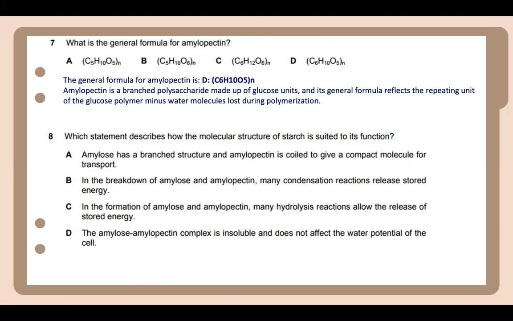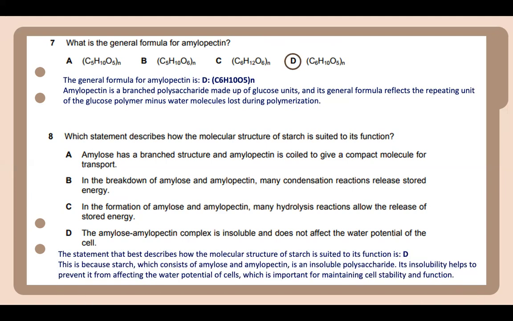Which statement describes how the molecular structure of starch is suited to its function? The statement that best describes how the molecular structure of starch is suited to its function is that the amylose-amylopectin complex is insoluble and does not affect the water potential of the cells.